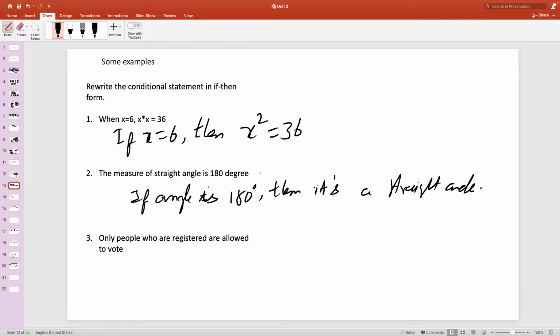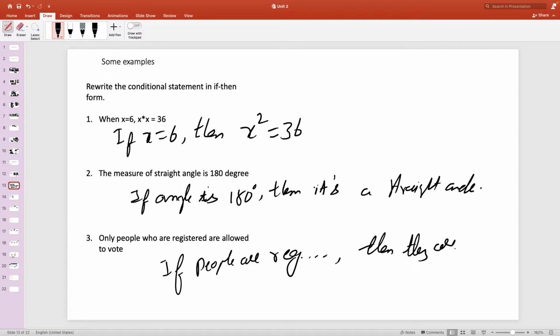So the condition is people who are registered. So basically we say if people are registered, then they are allowed to vote. Make sense? So if-then, that's the idea. Identify a condition, then a conclusion.